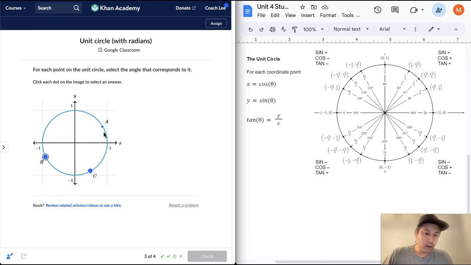We're just estimating here. 1, 2, 3, 4, 5, 6, 7, 8. You could also think of it as 8, 9, 10, 11, 12, 13, 14, back to 2 pi. So 14 pi over 7 would be 2 pi. 8 pi over 7 is about here.